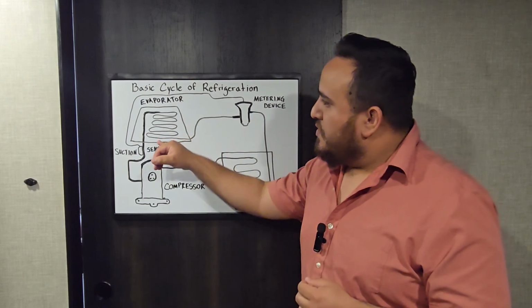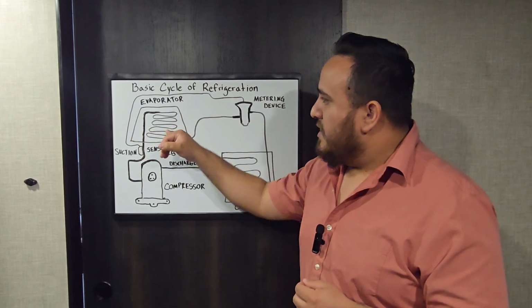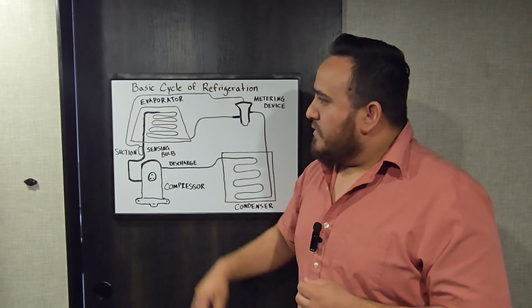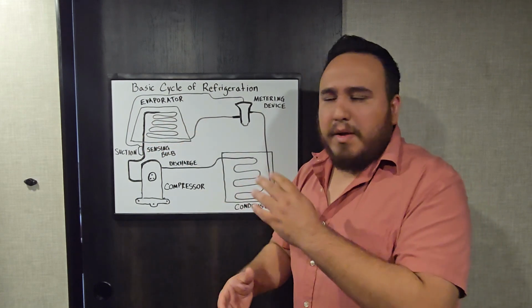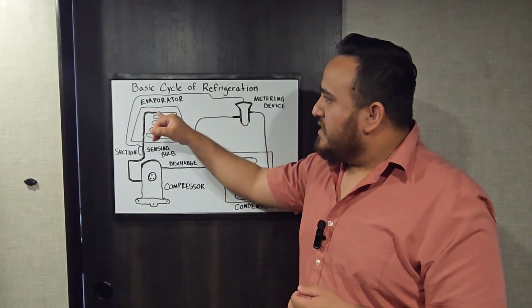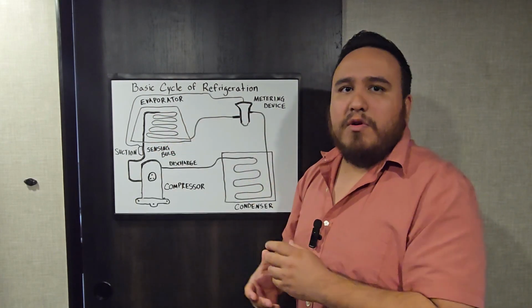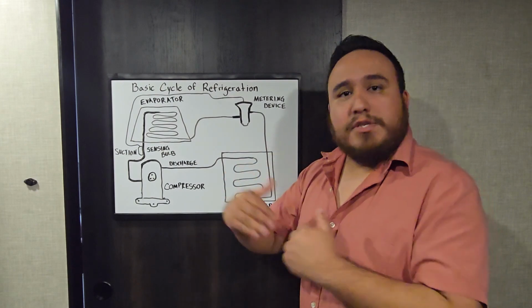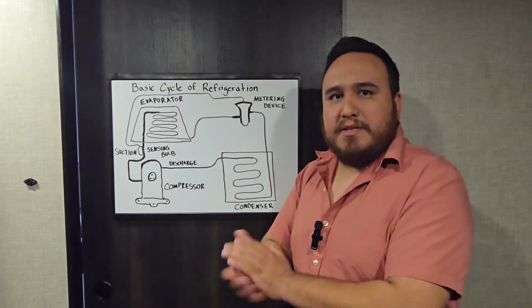So as your refrigerant starts traveling in here in a state of liquid, about halfway, it starts changing. Maybe about halfway, maybe almost exiting, we need it to be in a complete change of state from liquid to vapor, or liquid to gas.